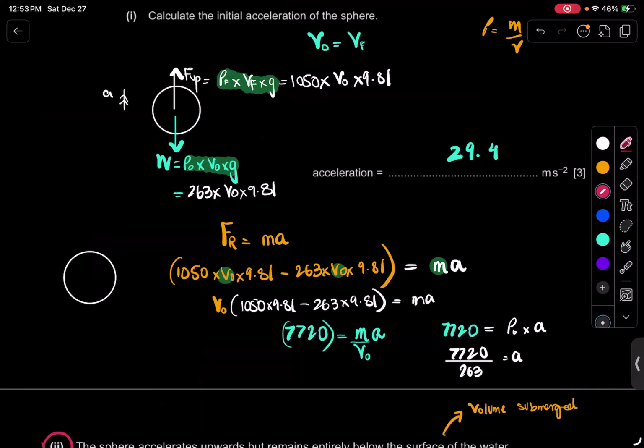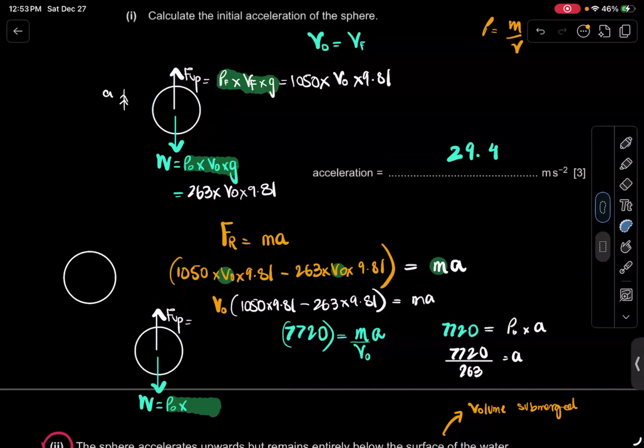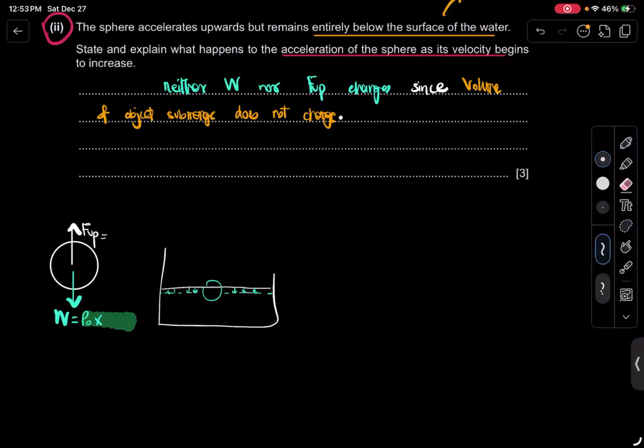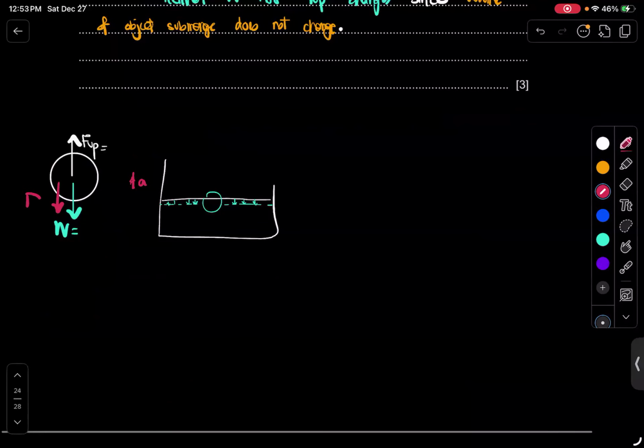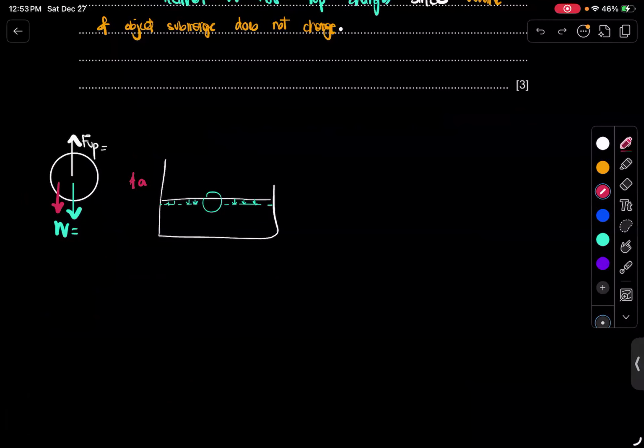So if the ball is trying to accelerate upwards, then that means there is going to be a downward force, which is called drag force as well. Let's call this F drag, right? Now, this is exactly like air resistance.